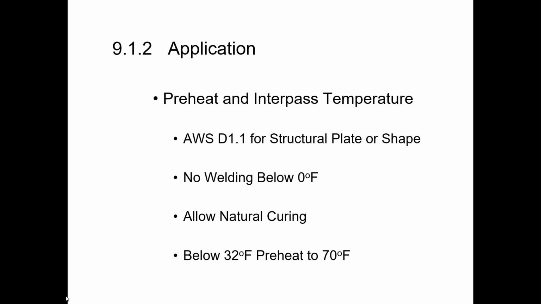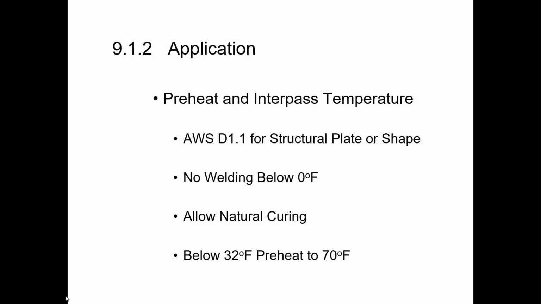Footnote number 2 says welding shall not be done when the ambient temperature is lower than 0 degrees Fahrenheit. So, again, I'll use that extreme example of welding in the middle of winter. You don't want to do it when you're below 0. So there's two different requirements. There's one requirement that says welding shall not be done when the ambient temperature is lower than 0.